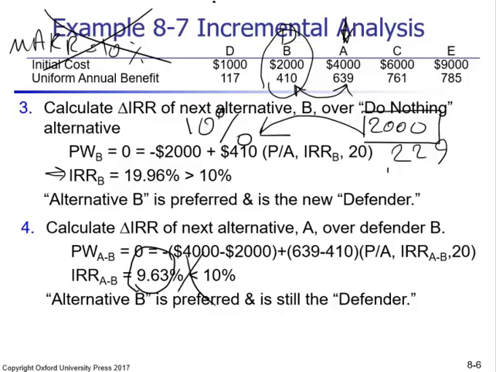And you already have an FDIC insured bank in your city where you can very easily put that $2,000 in that account and get 10% passively without any headache. So what happens? B still remains the defender.